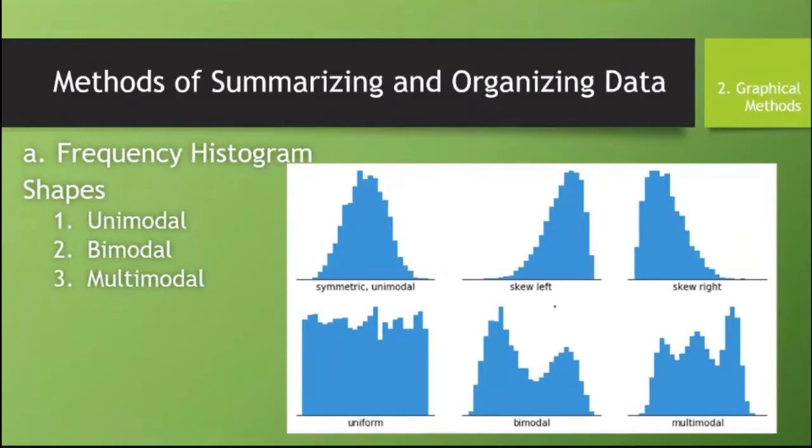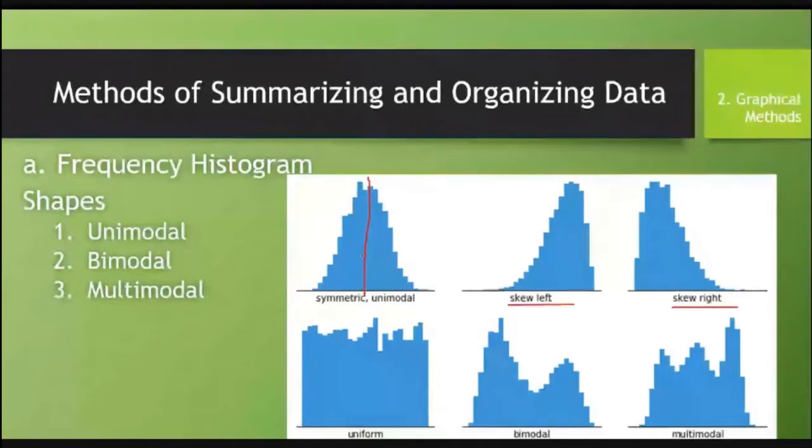Skewed to the left is also referred to as a negatively skewed unimodal frequency histogram. Skewed to the right is a positively skewed unimodal frequency histogram. As you can see here, if you divide them into two, they are not symmetric. For symmetric unimodal, if you exactly divide it into two, they are almost the same.